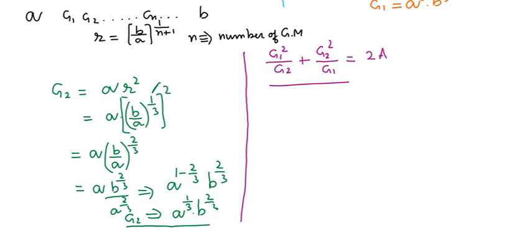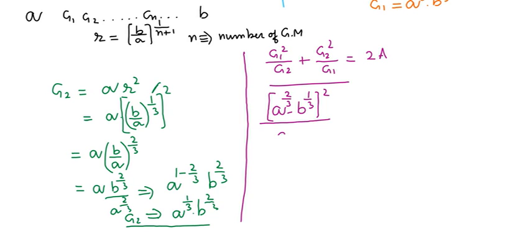See this part. G1 is a raised to the power 2 by 3 into b raised to the power 1 by 3, whole square, upon G2.